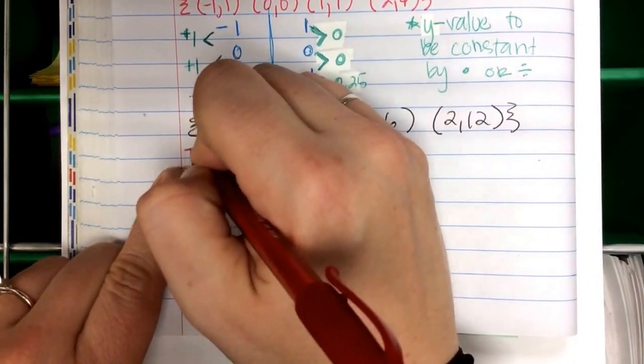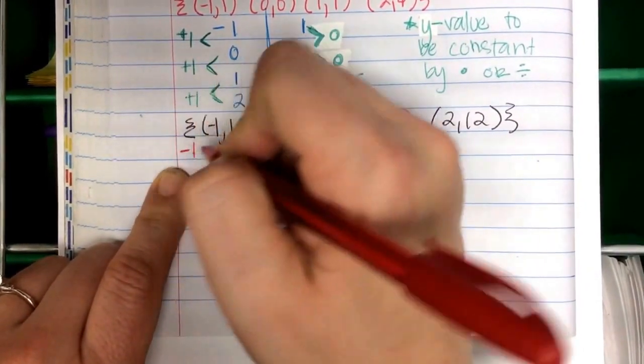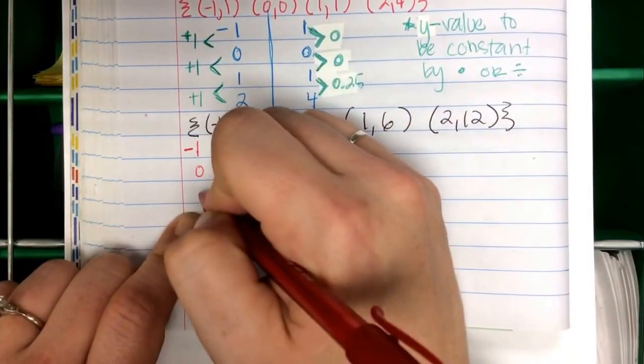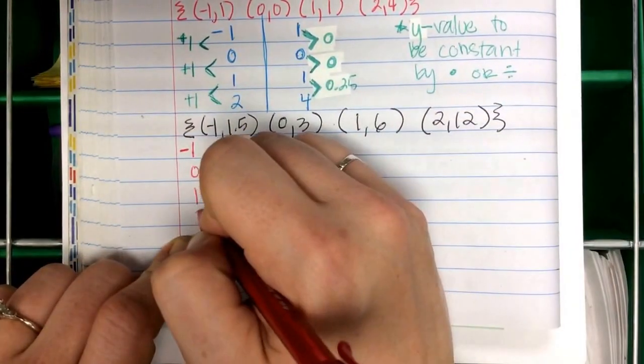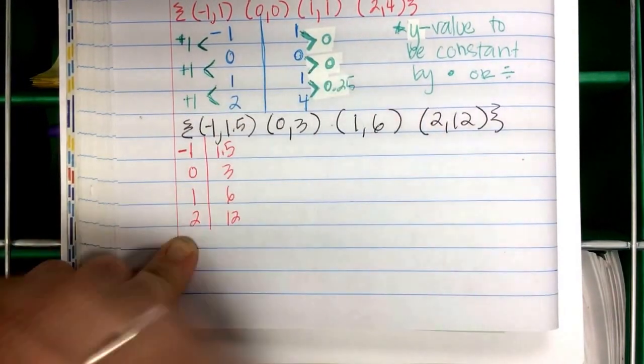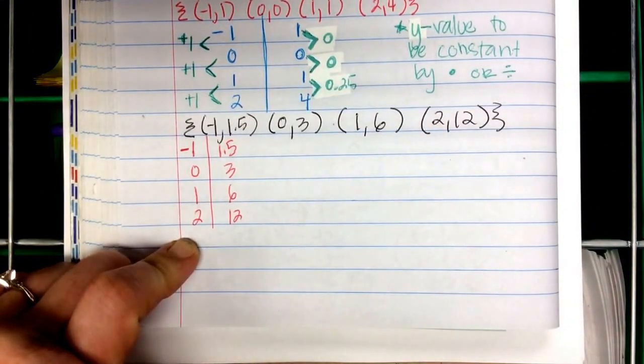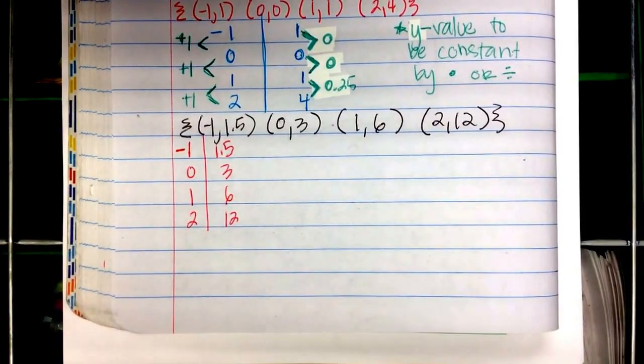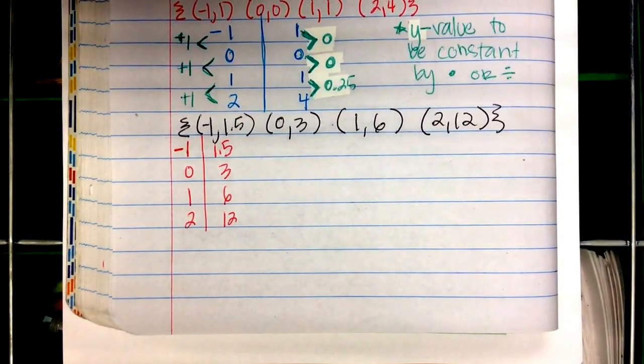I'm going to list them. -1, 1.5, 0, 3, 1, 6, 2, 12. You try it.